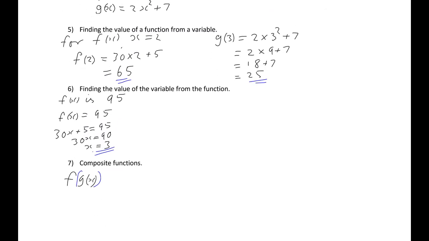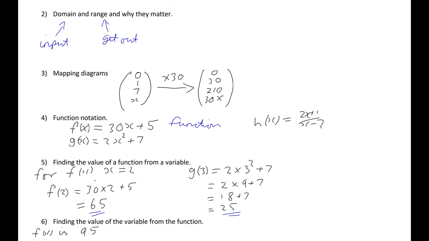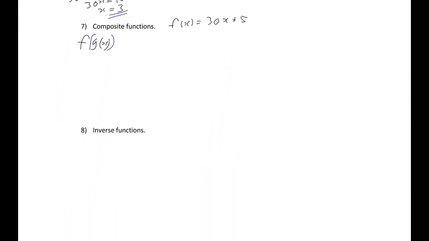So, f of x was 30x plus 5. I'm going to write that down again so we don't forget it. F of x was 30x plus 5, and g of x was 2x squared plus 7. So what this is saying is we're going to plug g of x into f.